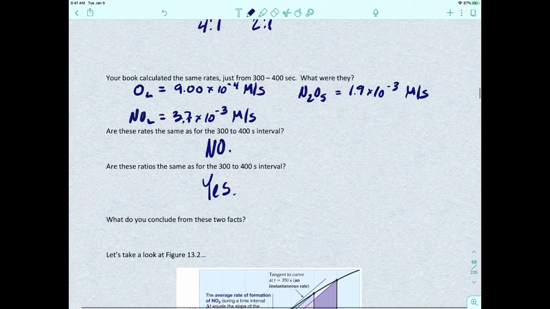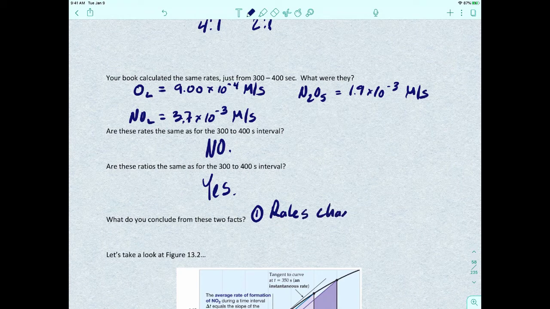All right, so what can we conclude from these two facts? Well, here they are. The first conclusion that we can make is this. The rates change over time because the concentrations change.